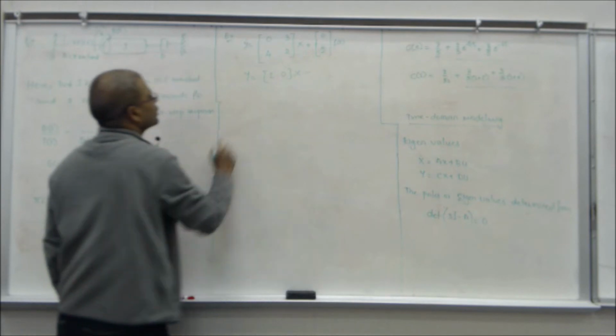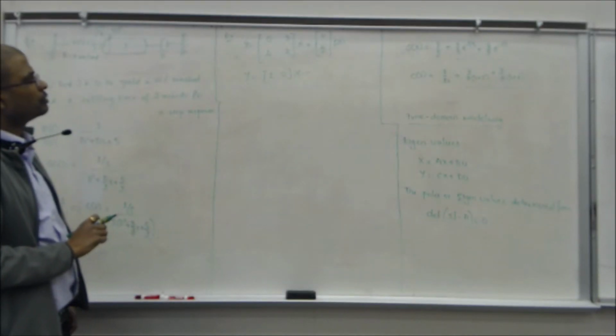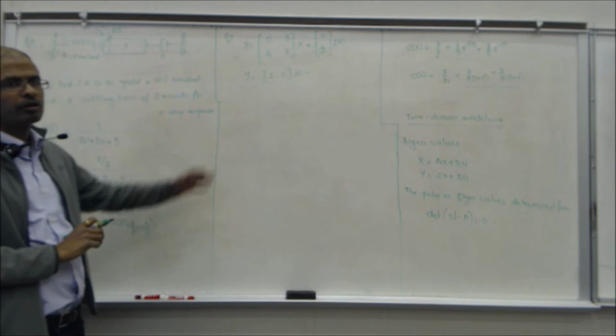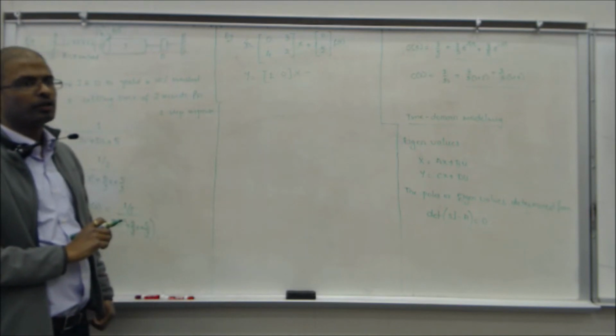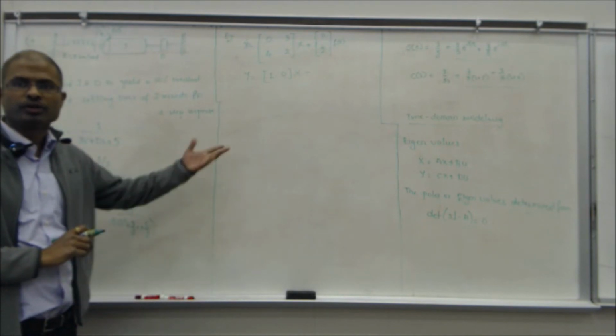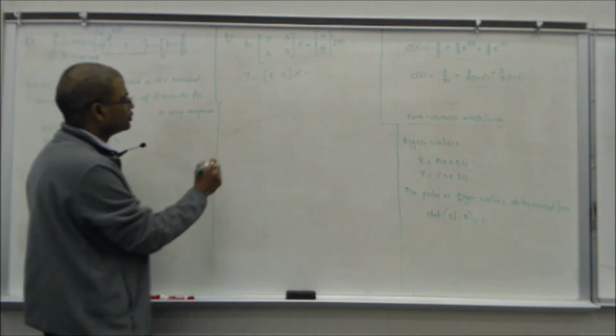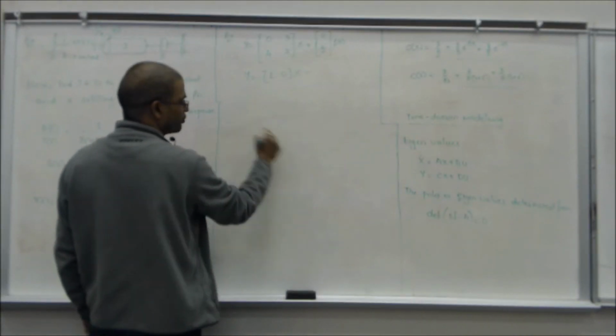Let's say you're given such a state space model of a system, and you're required to find the poles of the system. So what do you do? You just build this matrix.